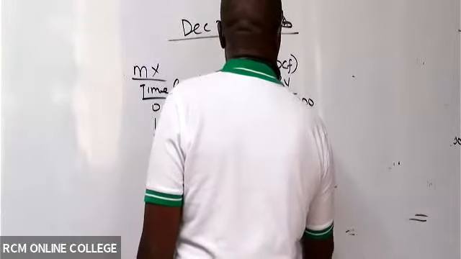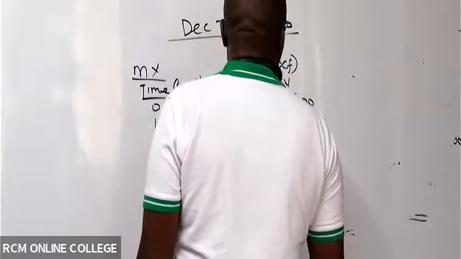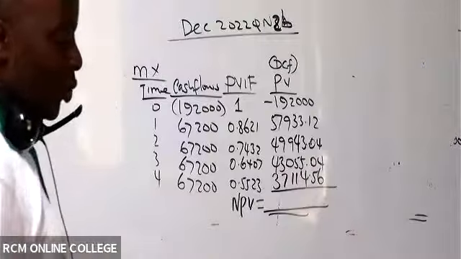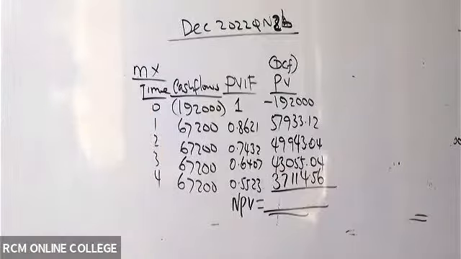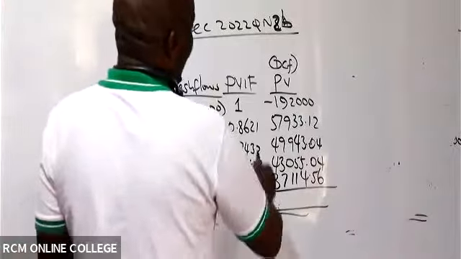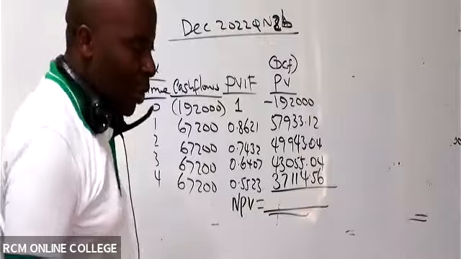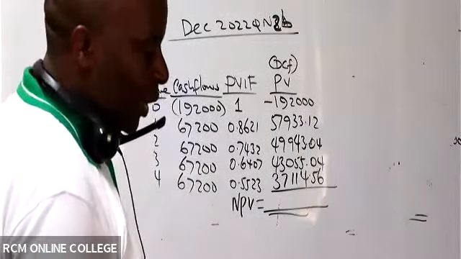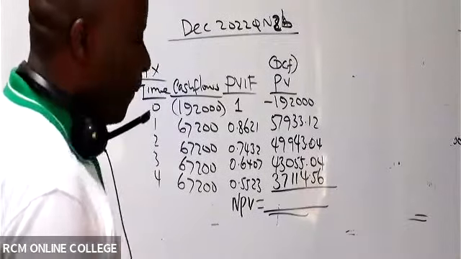So come and give us the total, the net present value. Now you can add all the discounted cash flows. Remember, these are discounted cash flows. So according to the student, she's getting 37,114. No, that's for year number 4.